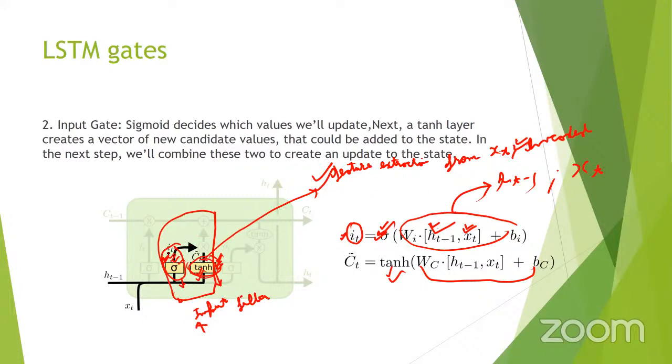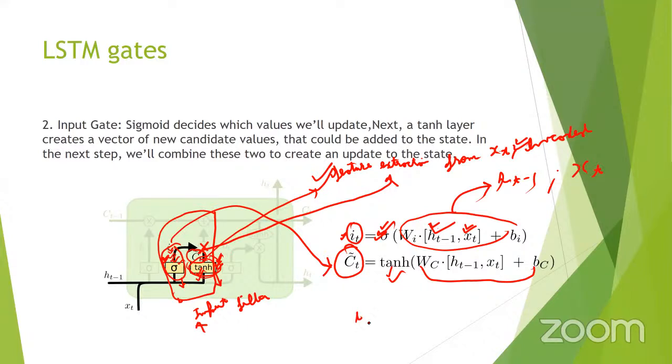And this complete thing is your CT, that is your feature extracted and encoded for this particular part. And this IT will make the decision, from these extracted features, which one to take and which one to forget, right? And if you see at this particular point-wise operation, multiplication is happening.